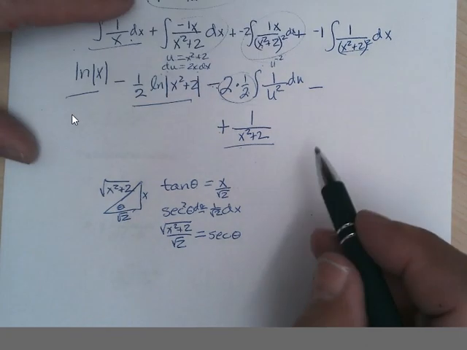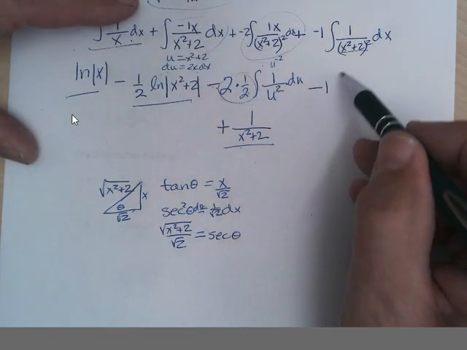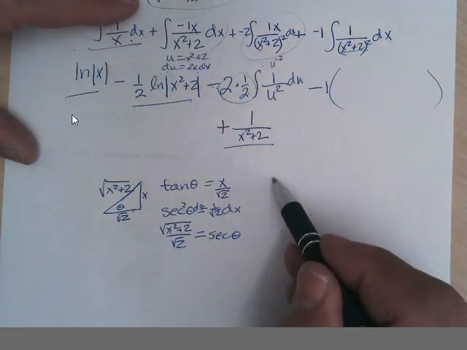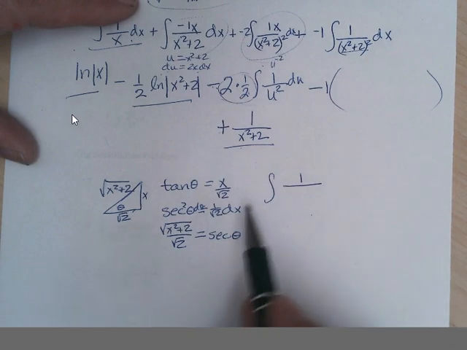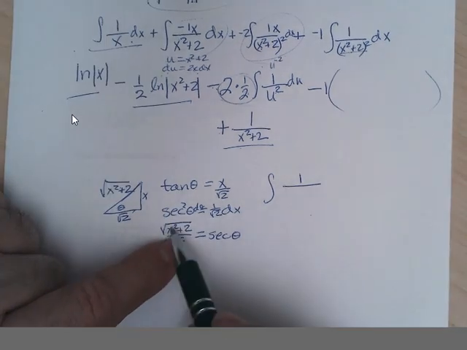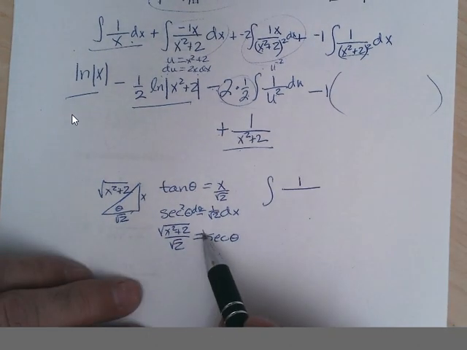So my integral, the last one I'm trying to do here, I've got minus 1 times what I'm going to get from this. And that's going to be the antiderivative of 1 over that mess, well, that's the square root of the mess inside, is square root of 2 secant theta.